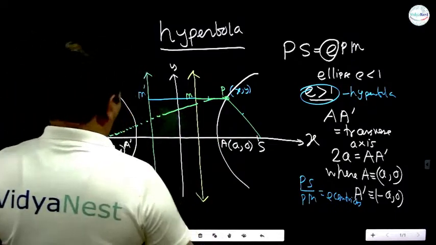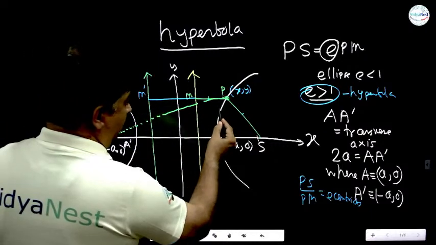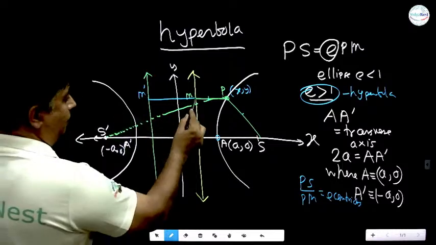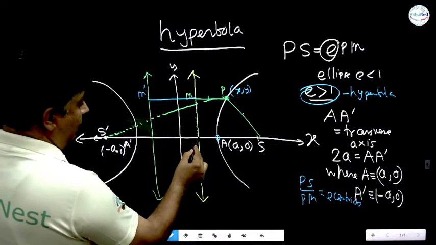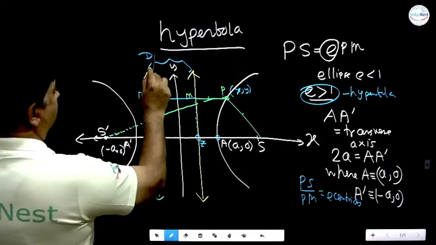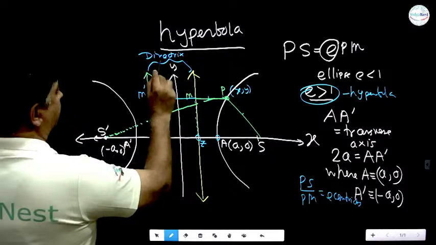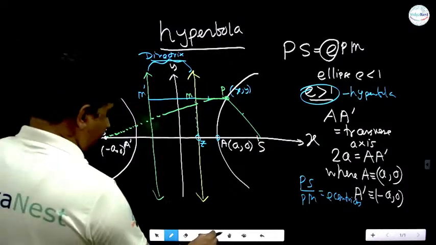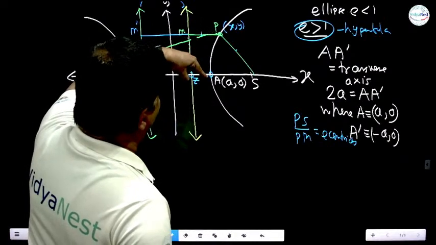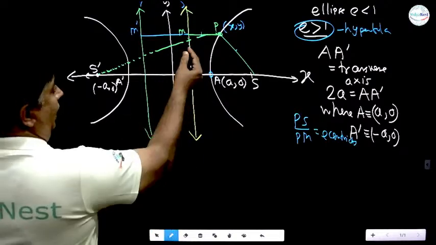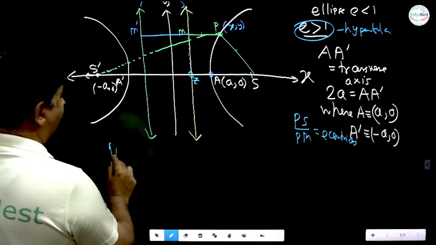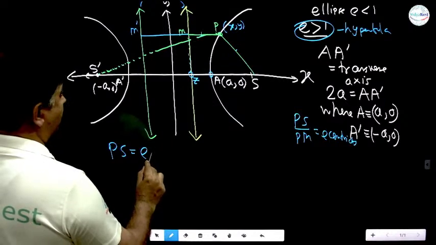So P will move along this curve, and suppose P reaches A. Then M will fall down along the y-axis and reach Z. That means PS is equal to EPM.